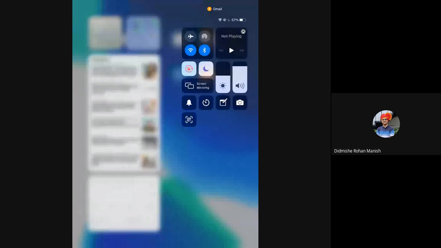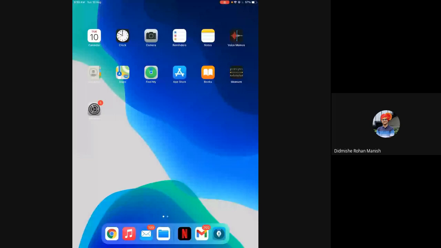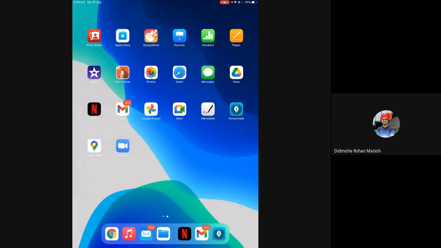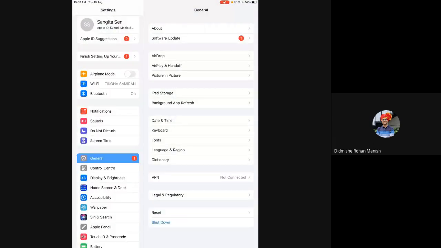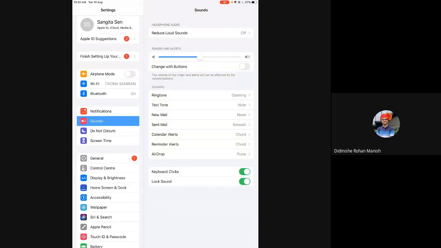I can't even find my settings. No, I don't see any option to increase mic volume.